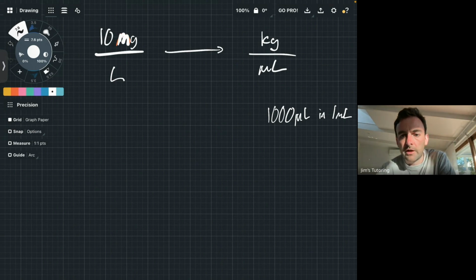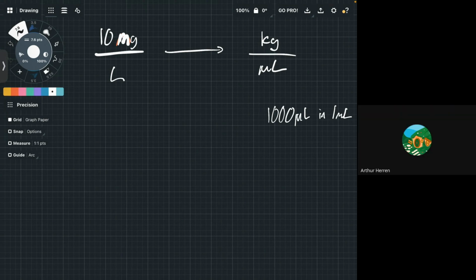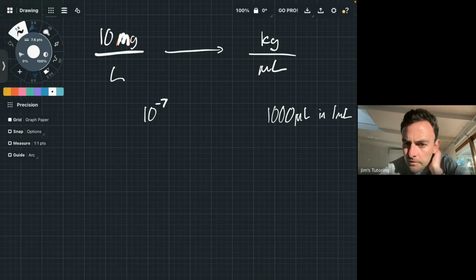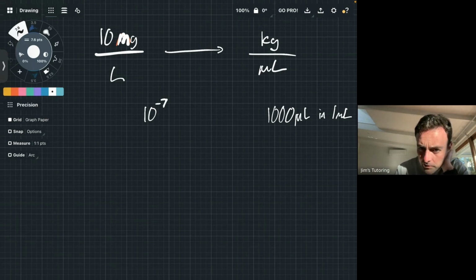Okay. Well, has anyone got an answer and are they willing to share or should I go through it? I got one answer, which was 10 to the negative 7, but it felt wrong, so I'm redoing it again. Okay, 10 to the negative 7. Did anyone else get that answer? We had someone with 1 times 10 to the 7 divided by 10 to the 3.